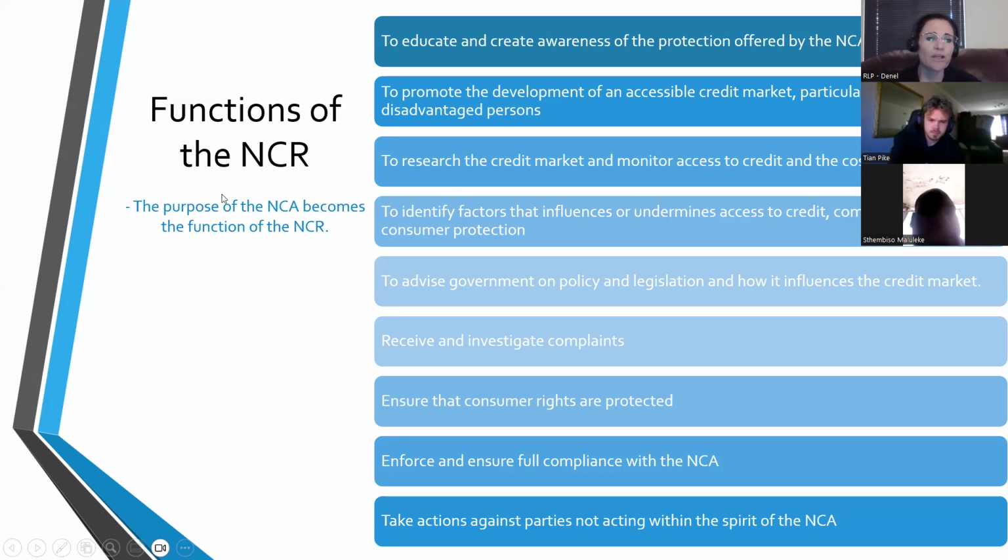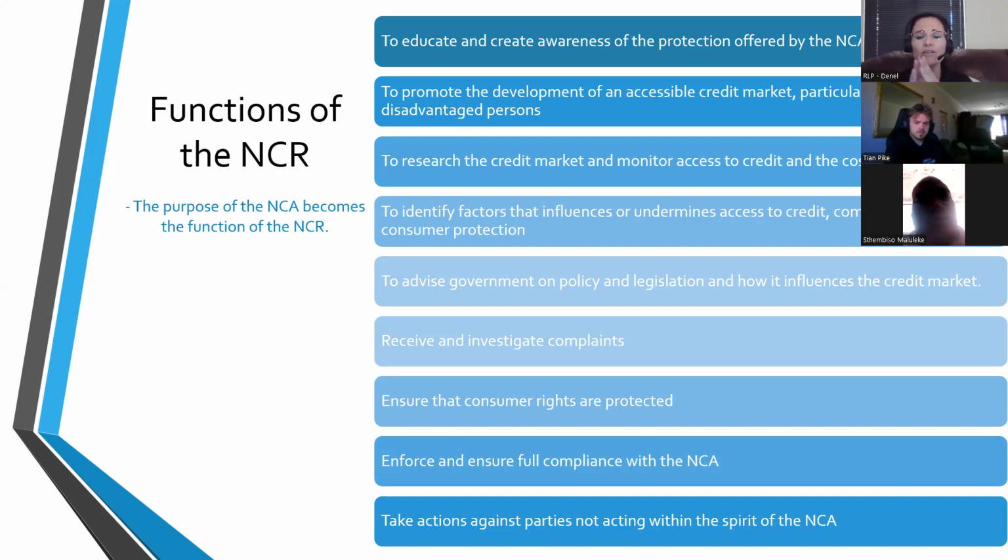This list, guys, will seem vaguely familiar because if we read through the functions of the National Credit Regulator, you will notice that the purpose of the Act now becomes the function of the regulator. So the whole reason why we're implementing the National Credit Act now becomes the daily job of the National Credit Regulator. Okay, so firstly, it's to educate and create awareness of the protection offered by the National Credit Act. It's also to promote the development of an accessible credit market, particularly to previously disadvantaged persons.